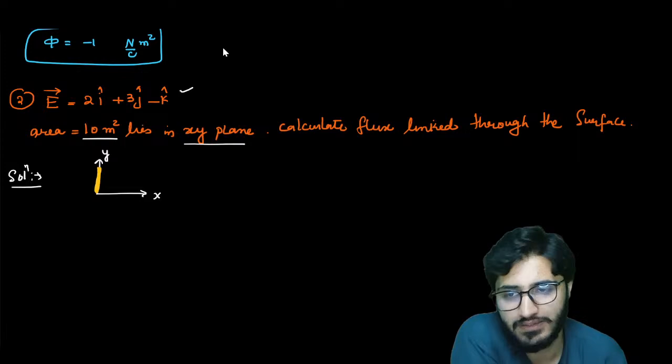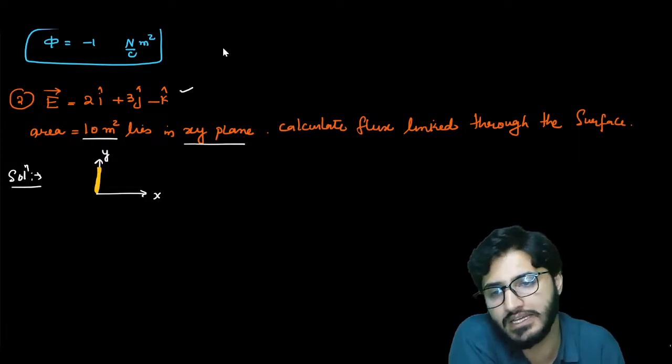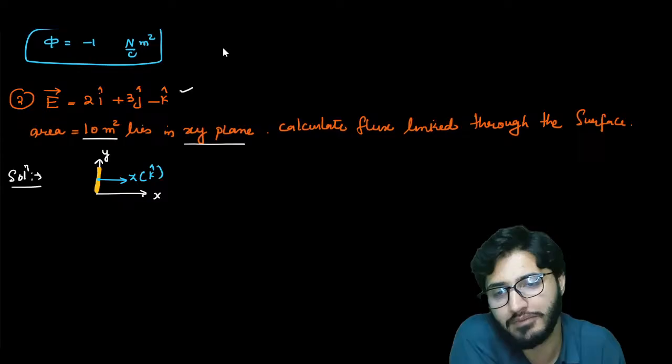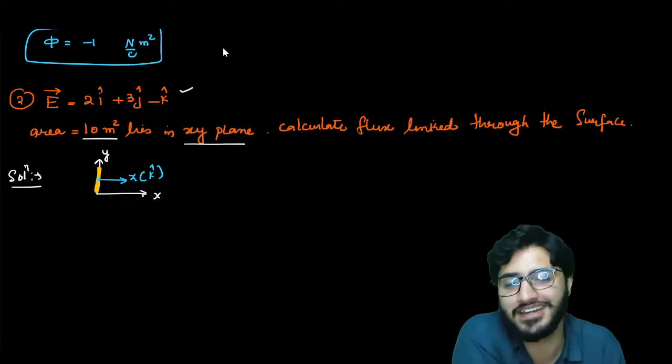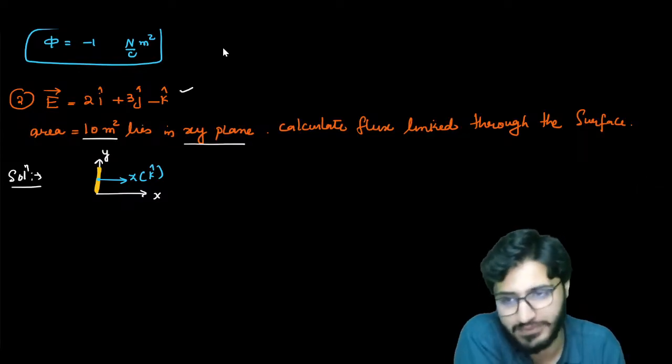Now if we draw a normal on it, it will be along the Z axis, that means k cap. So it is 10 meter square k cap.